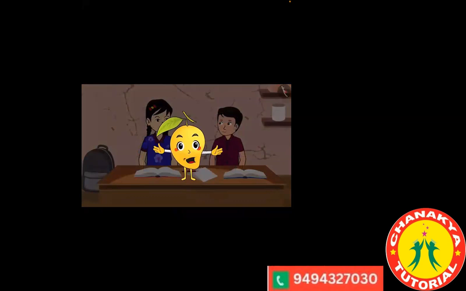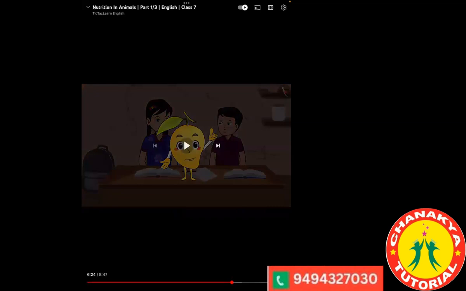Shall I tell you another interesting thing, friends? Do you remember that a few years back your teeth had started to fall? The first set of teeth are called milk teeth, and once the first set falls down, the next set is called permanent teeth.